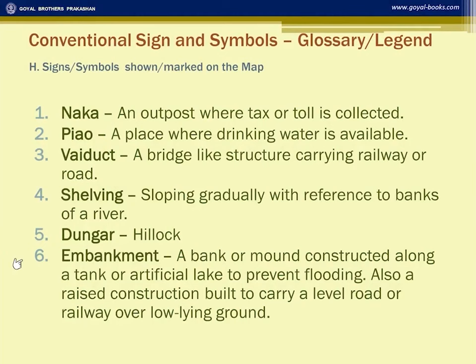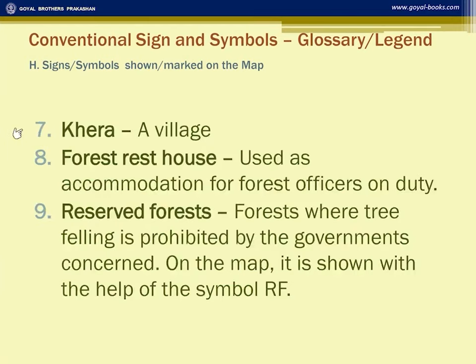Now embankments we have already discussed. An embankment means a bank or mound constructed along a tank or artificial lake to prevent flooding. It is also a raised construction built to carry a level road or railway over low-lying ground. Khera is a village in the local language, but it is given there as Khera.